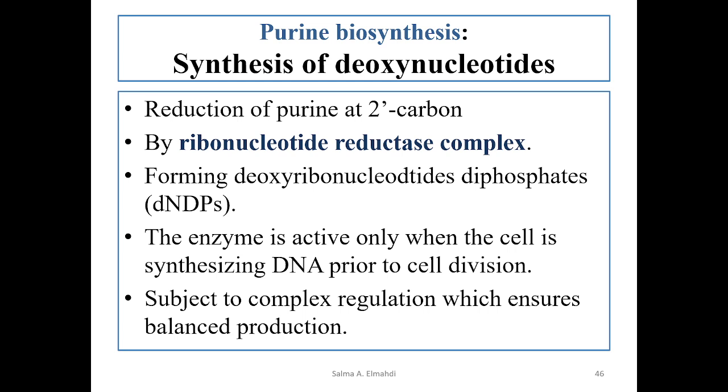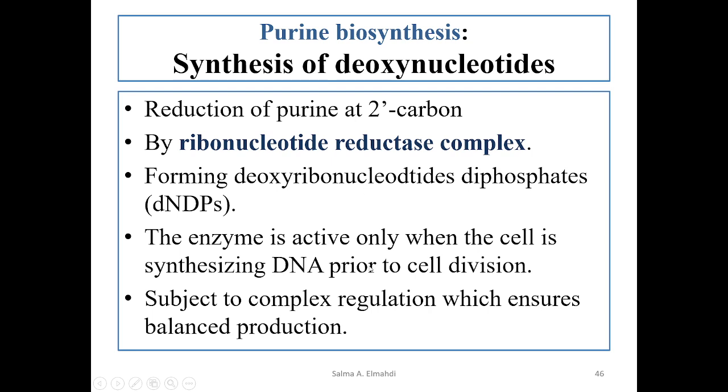So far we have talked about ribose. What about deoxyribose in the deoxynucleotides? That's needed, of course, for DNA synthesis. Deoxynucleotide synthesis occurs by the reduction at carbon number 2' of the sugar by the ribonucleotide reductase complex, which forms deoxyribonucleoside diphosphates, dNDPs.